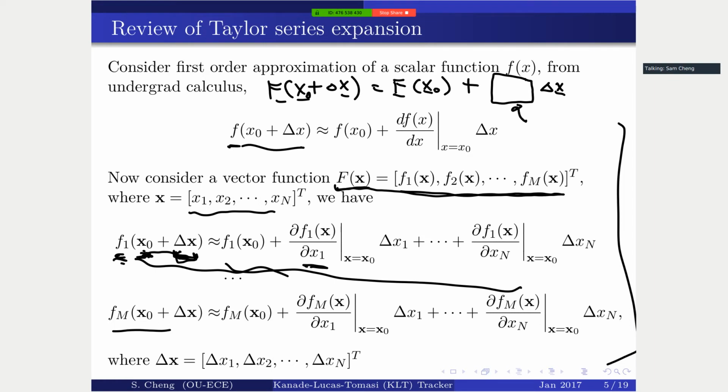First of all, say the dimension of this vector function is m, right? f is equal to f1, f2, and so on up to fm, so this is m by 1. And my argument x has a dimension of n, so n by 1. So what's the dimension of this derivative thing here?